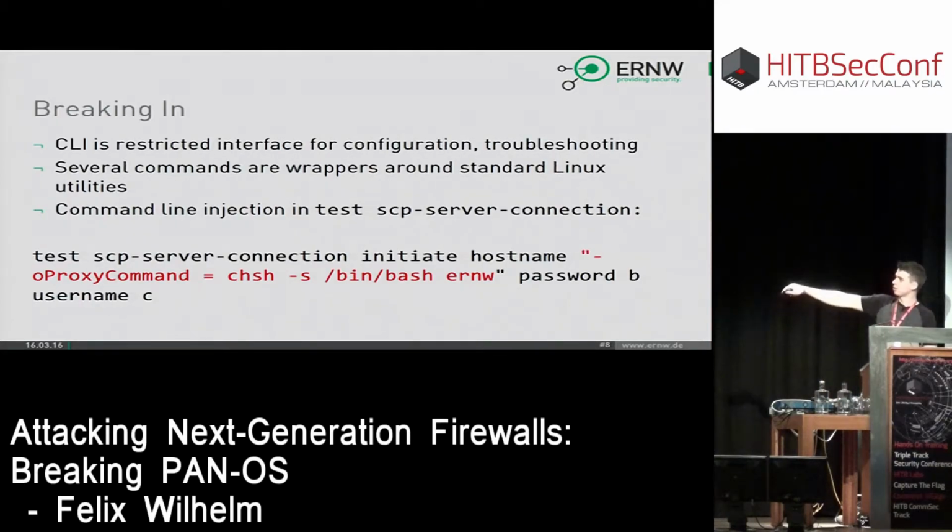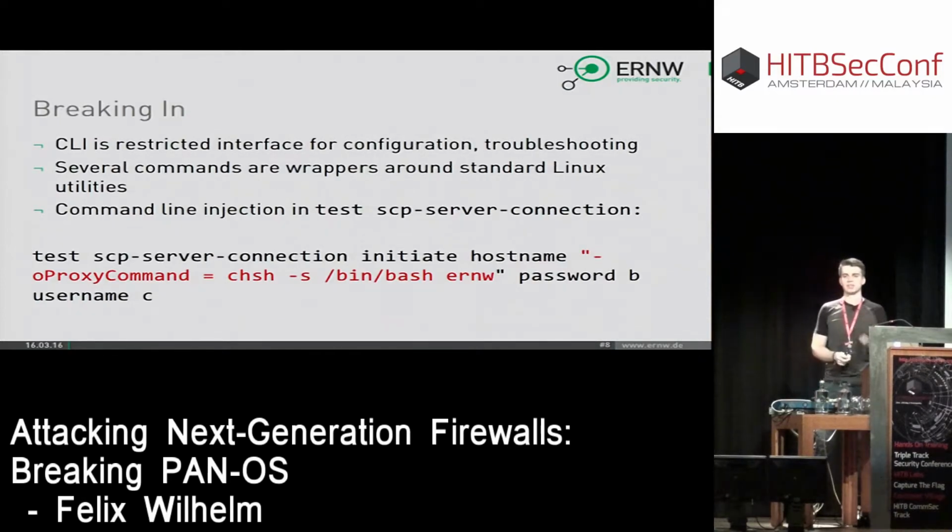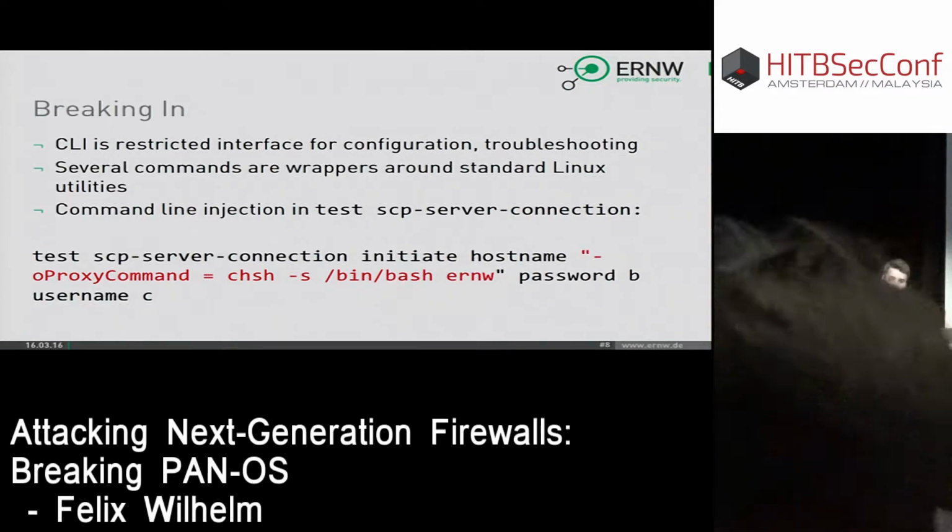And when we then execute this test SCP server connection command, what really happens is that we move our shell, so the shell of the ERNW user, from this restricted command line interface to /bin/bash. So this gives us the possibility to later on just log in using SSH again and jump right into a full-featured shell. So this is kind of a nice vulnerability for us.